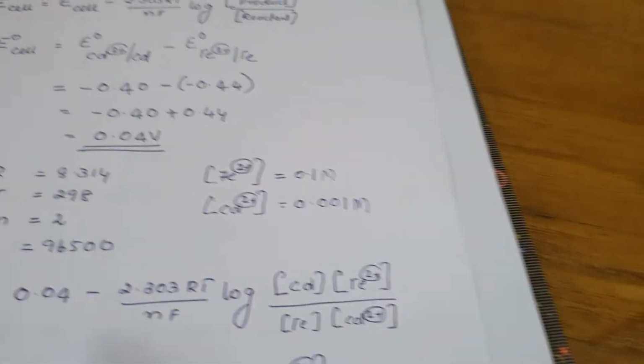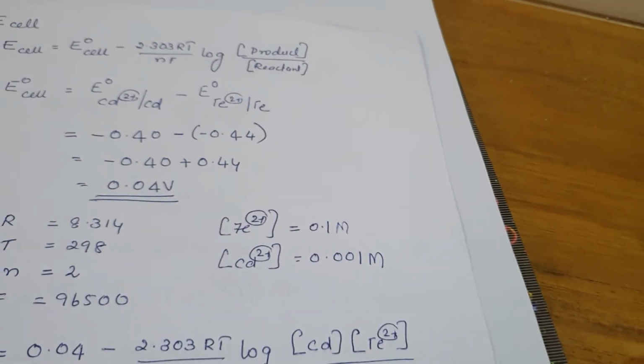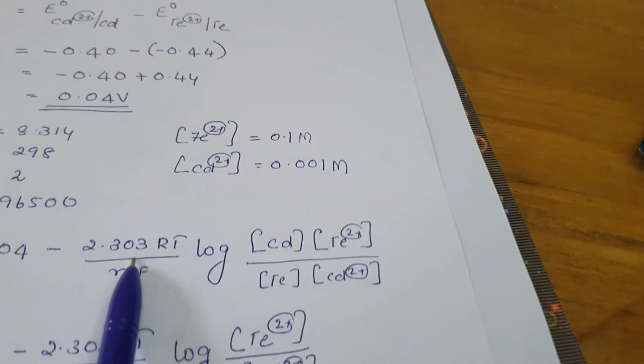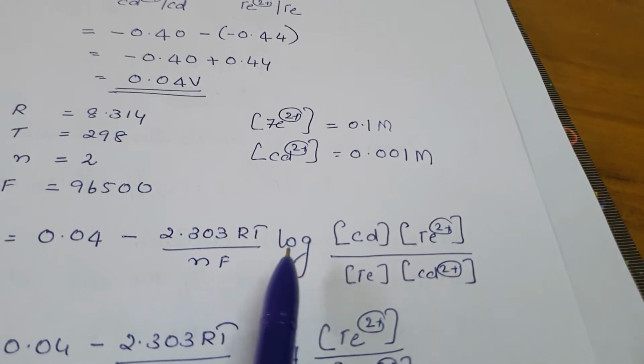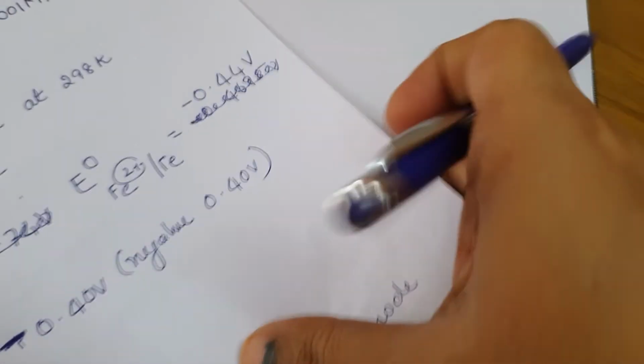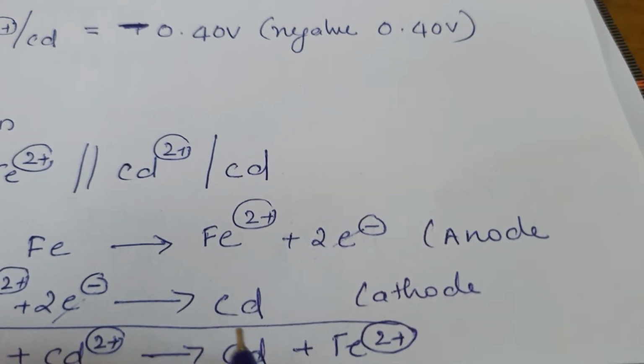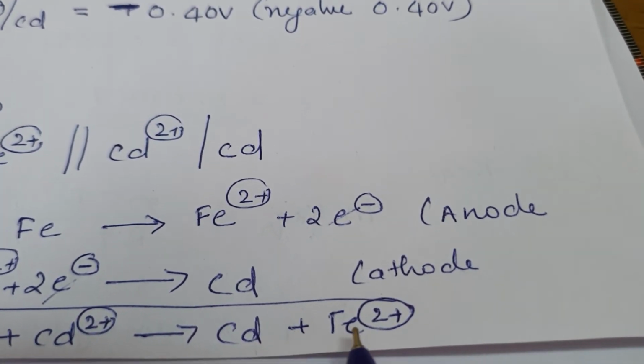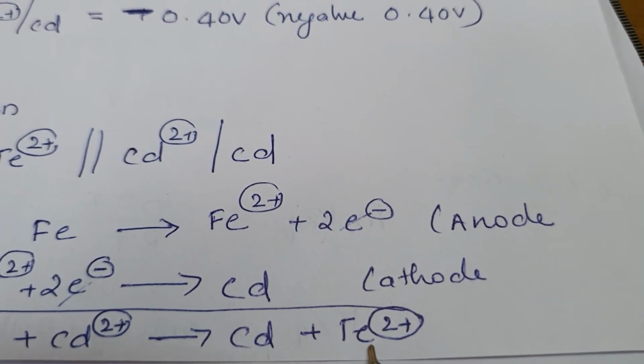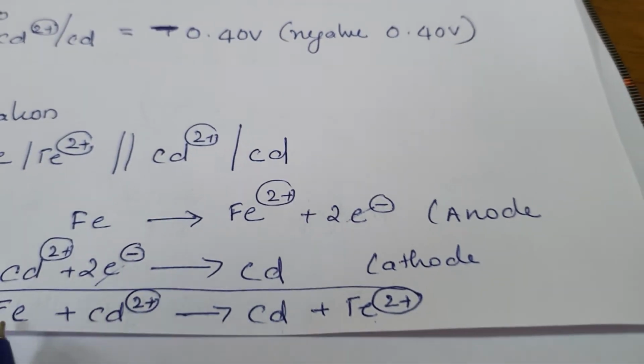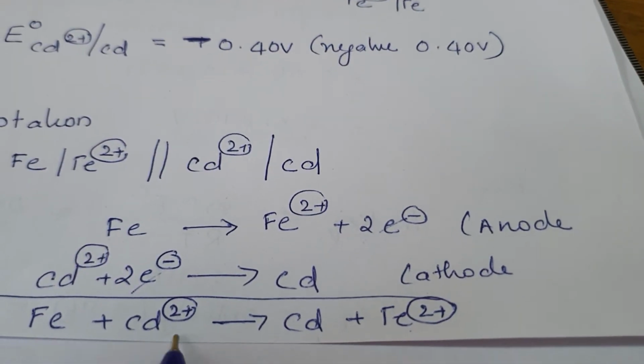Now our expression is E cell is equal to E naught cell minus 2.303 RT divided by NF into log. What is the product here? Product is cadmium, concentration of cadmium into concentration of Fe2 positive divided by concentration of iron into concentration of cadmium 2 positive.